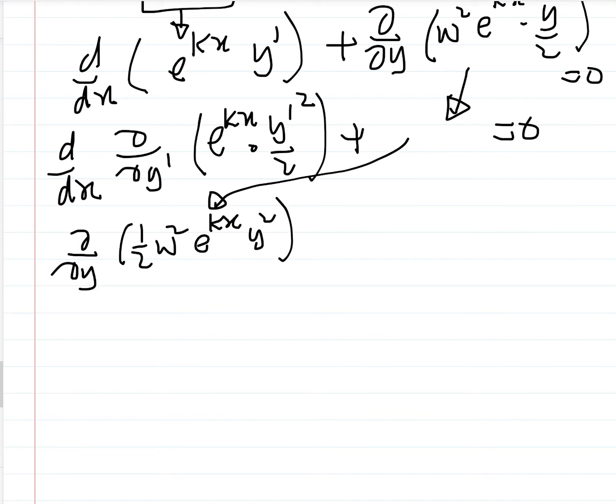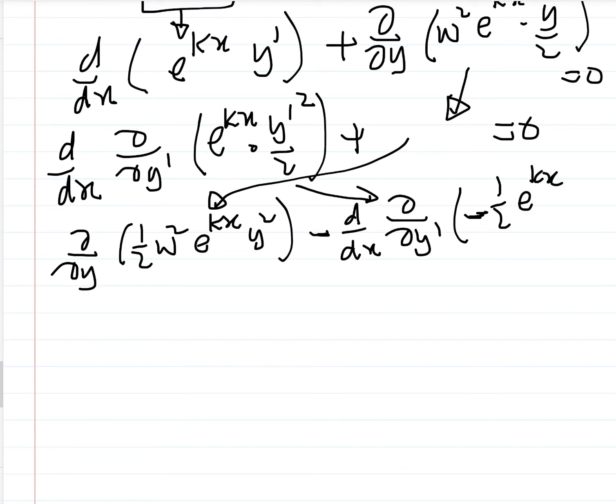And then I'm going to take this term and write it in there, but I'm going to introduce a minus sign because the Euler-Lagrange form has a minus sign. This is the total derivative with respect to x, partial derivative with respect to y dashed. I need to introduce a minus sign, so that is minus a half e to the kx and then y dash squared equal to 0.